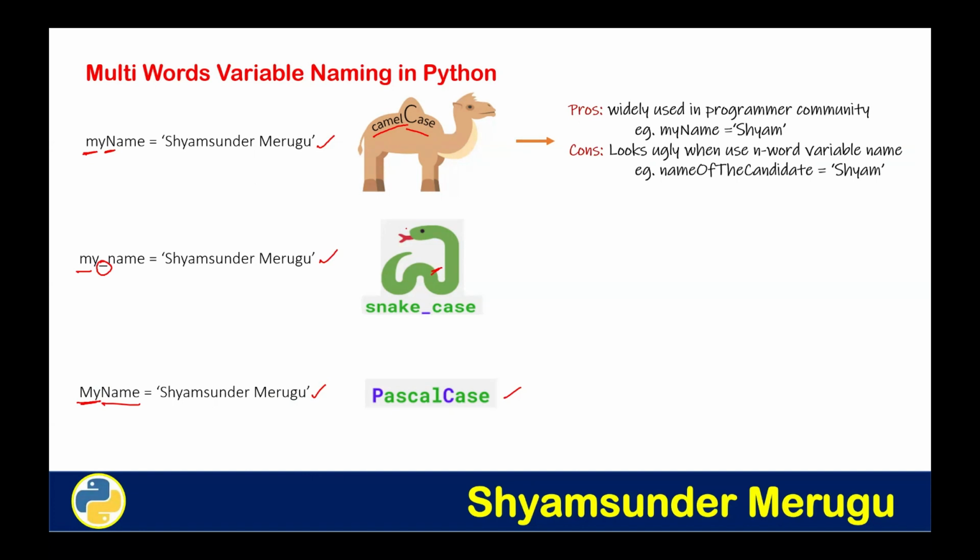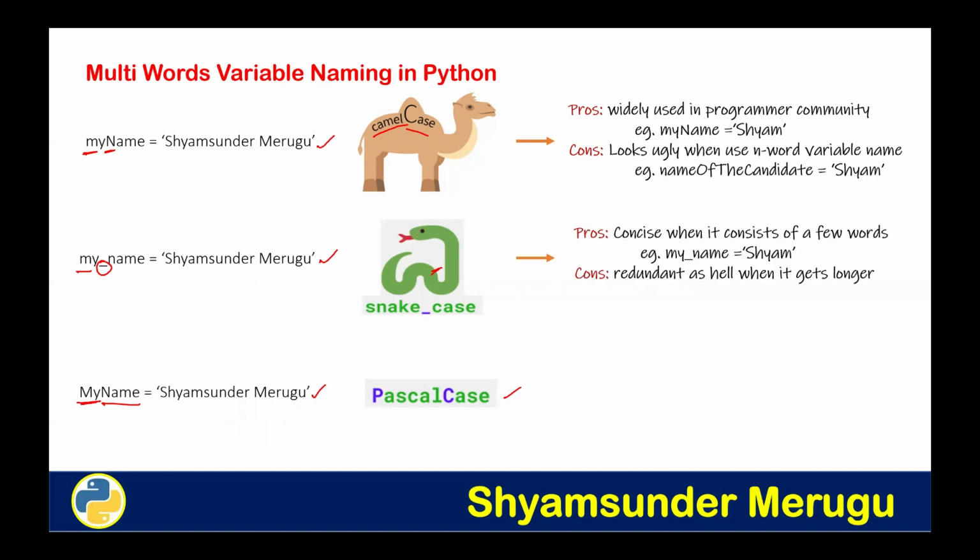If the number of words in a variable name increases, it somewhat looks ugly. Coming to snake case, the pros are that it is concise when it consists of a few words, and the cons are that it is redundant as hell when it gets longer. And coming to Pascal case, the pros are that it seems neat, and the cons are that it is barely used.